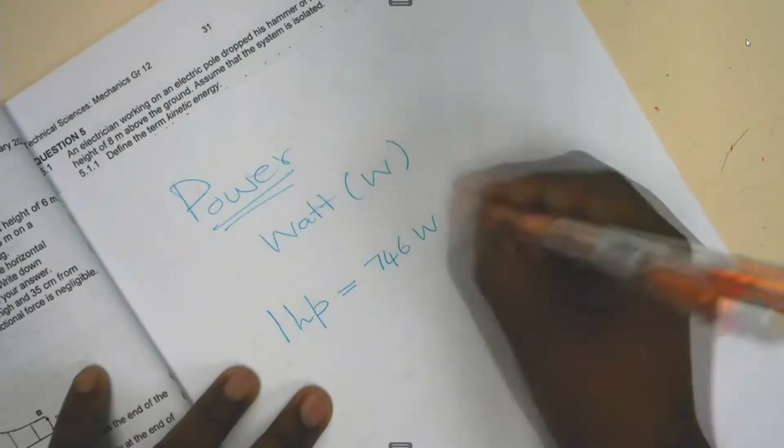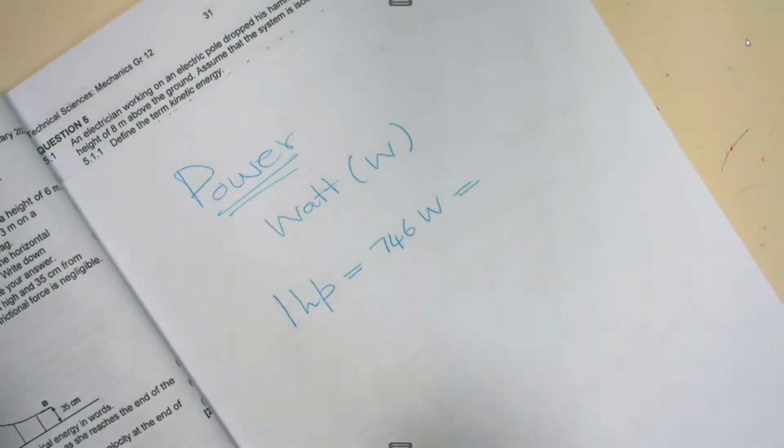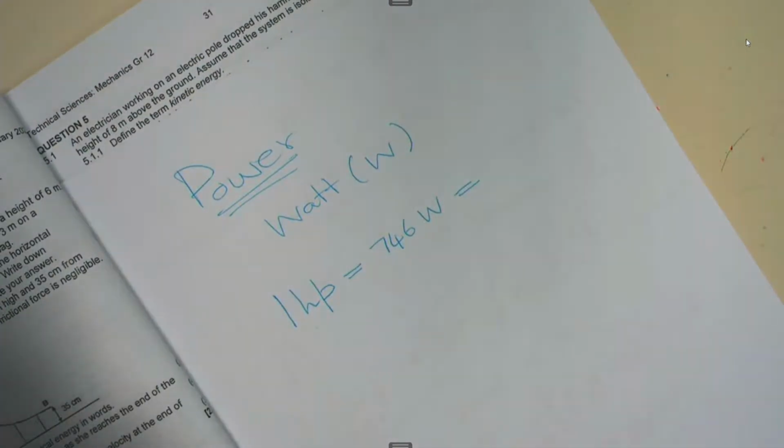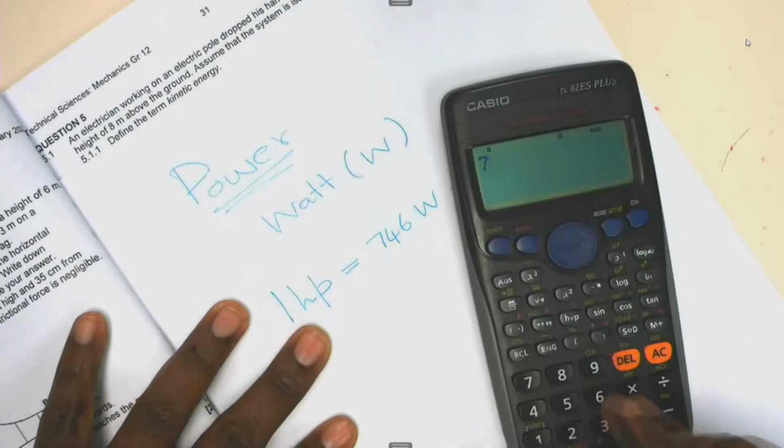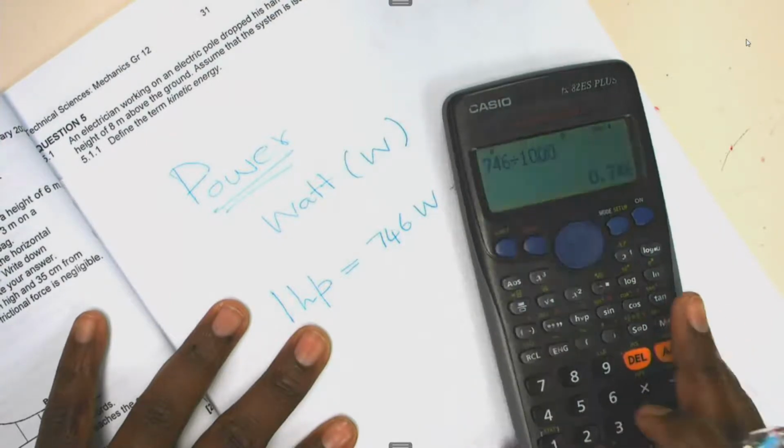Which is, if we divide this further, 746 divided by 1,000, it will give us a kilowatt.